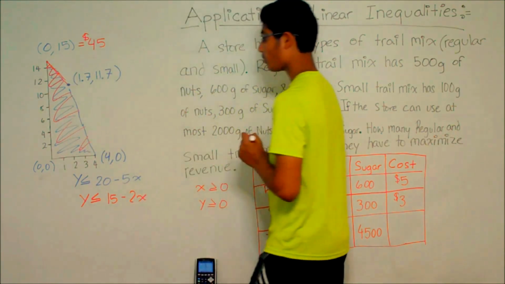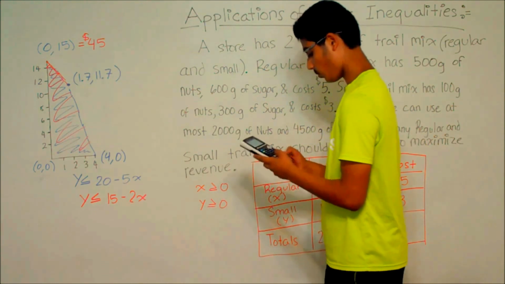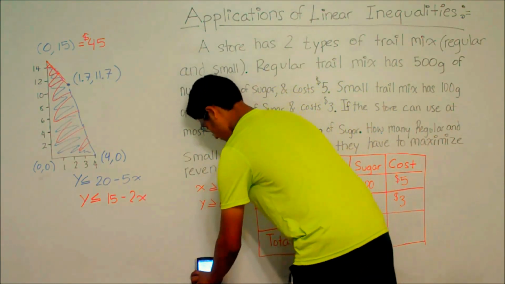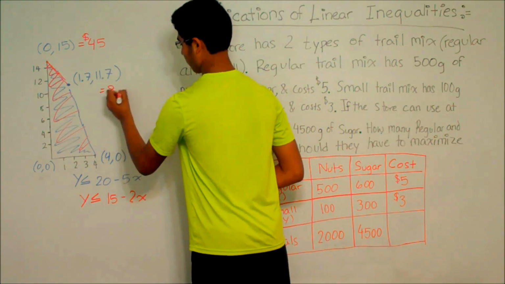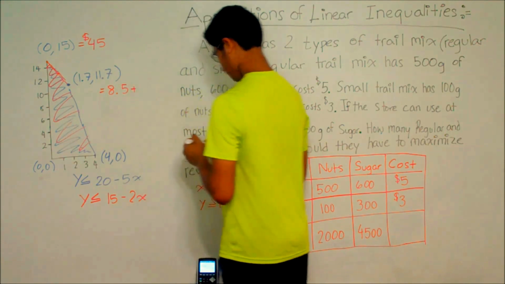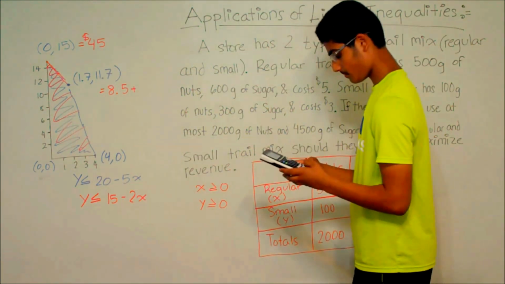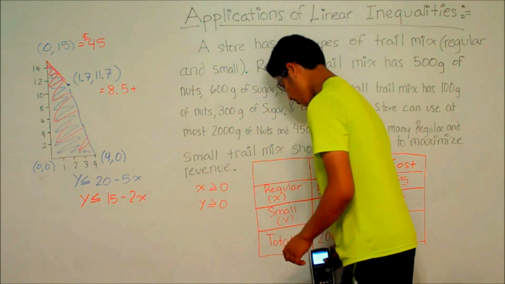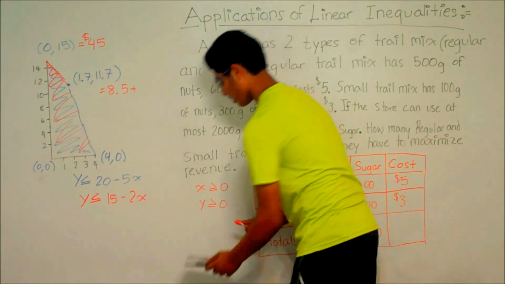For the next one, we have 1.7 regular. So 1.7 times 5 is 8.5, plus 11.7 times 3, which is equal to 31.5.